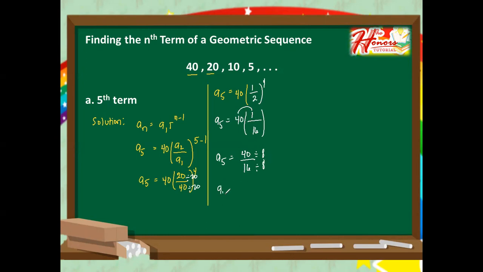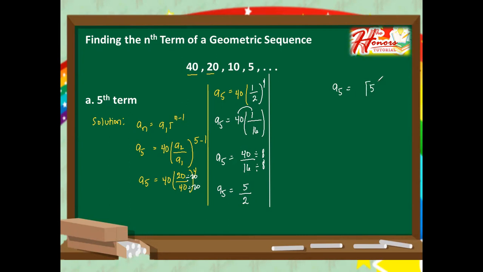So a sub 5 is equal to 40 divided by 8, that's 5, over 16 divided by 8, that's 2. And that is not the final answer yet, because 5 over 2 is an improper fraction. So we can still change this into a mixed number.